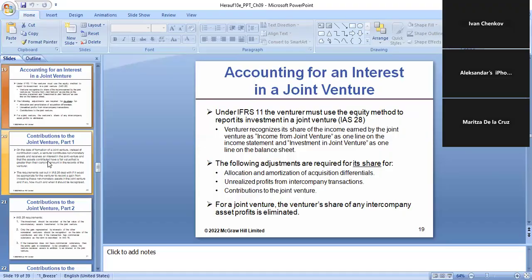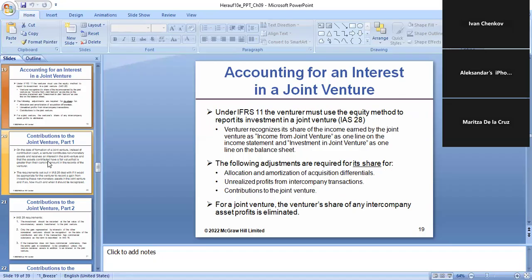Now let's see the accounting for the joint ventures. Again, still International Financial Reporting Standard 11 dealing with the joint venture, and also we have International Accounting Standard 28, which also deals with that. Now the venturer is going to recognize its share of the income earned by the joint venture.